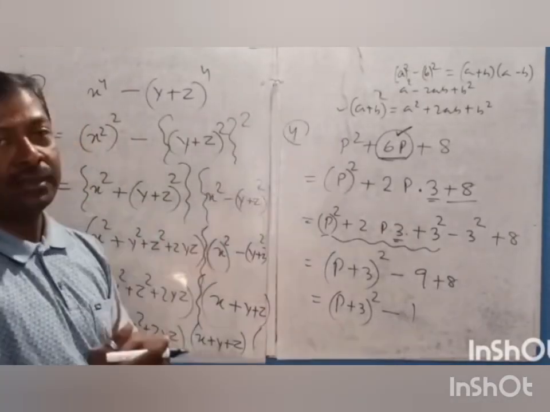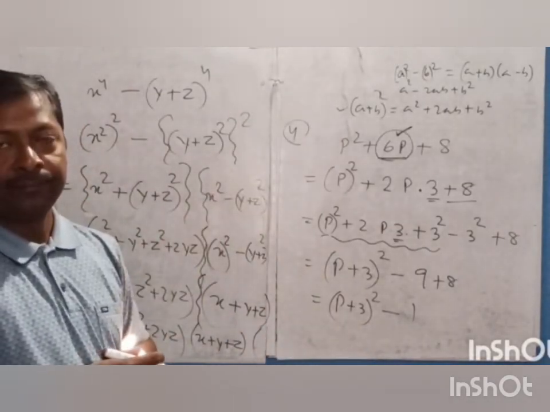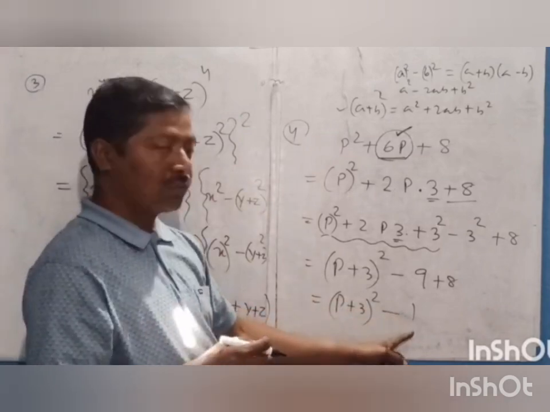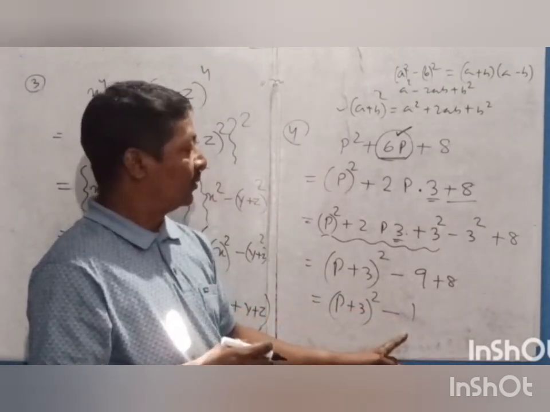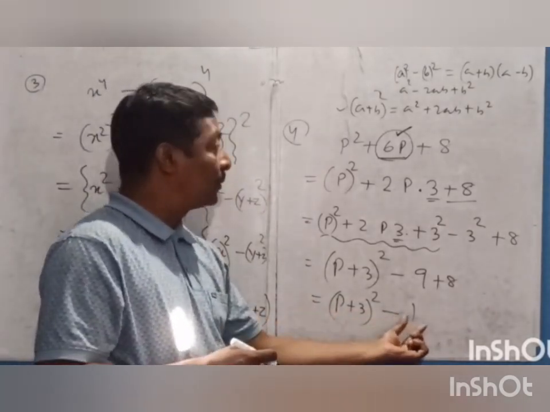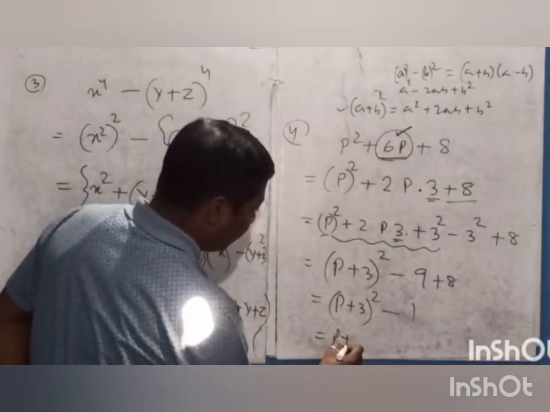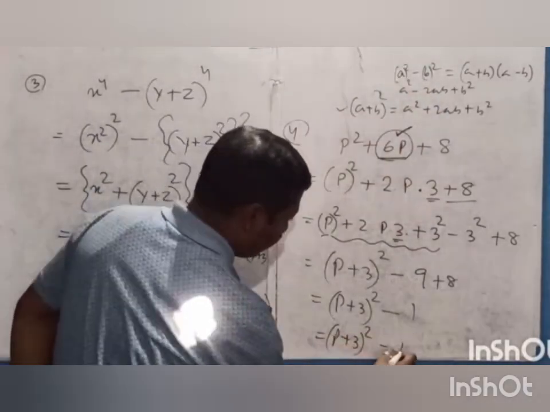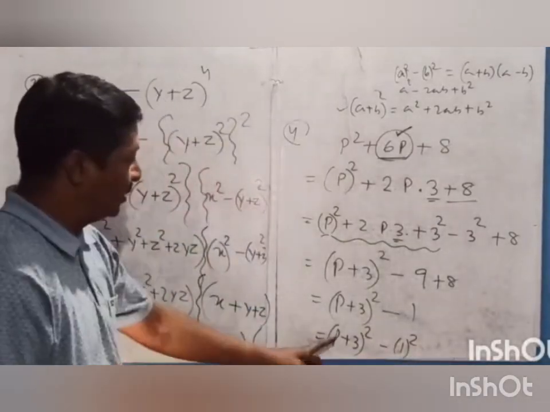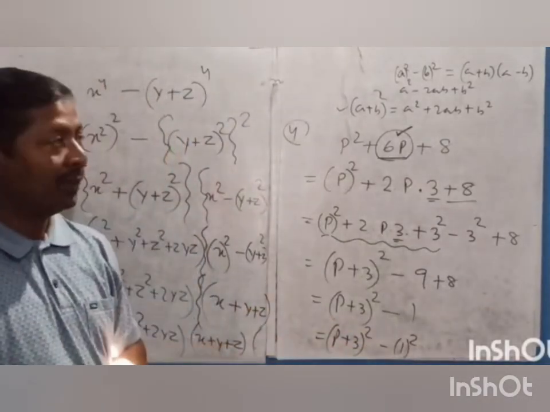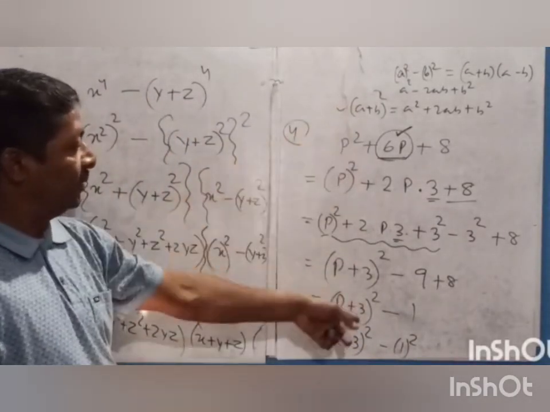So now I can convert this situation into again an identity. Which identity? Minus 1 can be converted into a square, 1 square. So a square minus b square, in this form. So p plus 3 whole square minus 1 square. See, a square minus b square, again the second identity is applied here.